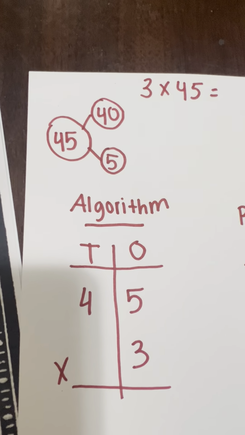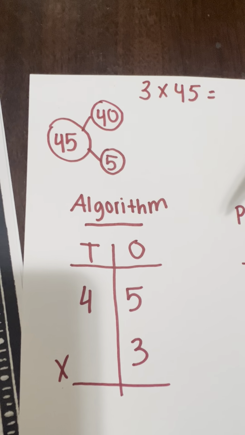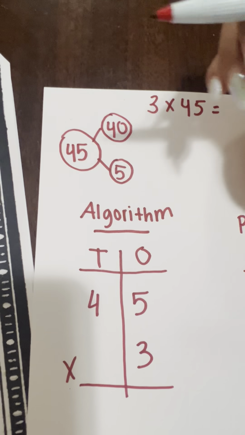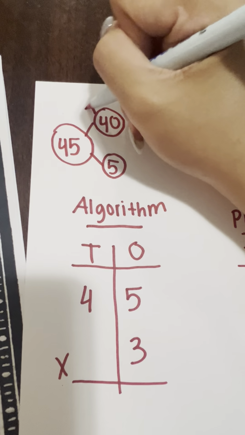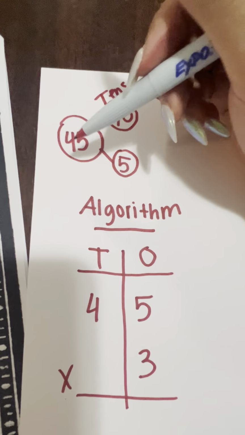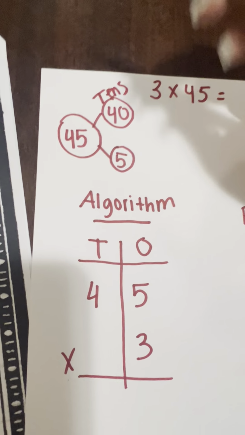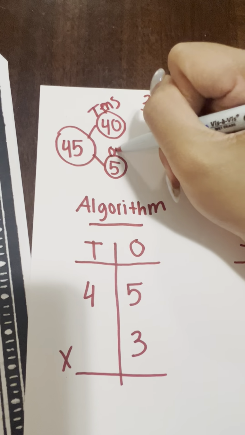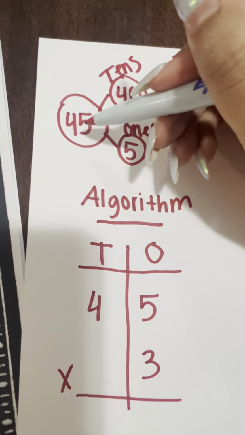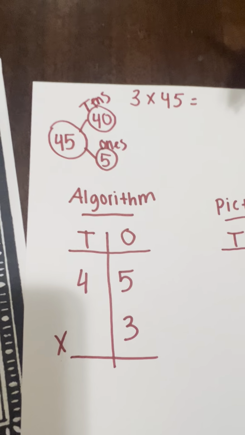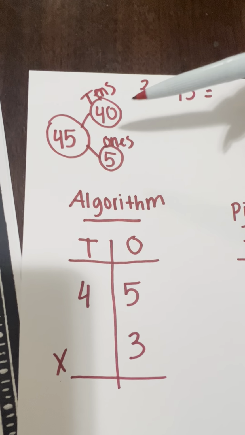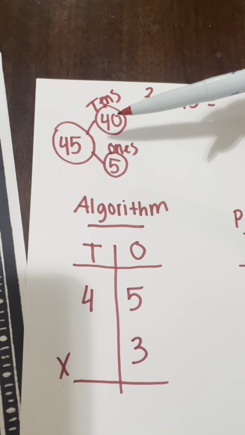Now I'm going to ask students, 40 represents my what and 5 represents my what? Students should say 40 is your tens because the 4 is in the tens place, and 5 is your ones because the 5 is in the ones place. Now how many tens do I need to make 40?